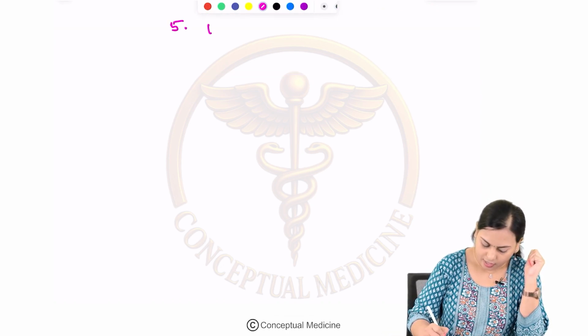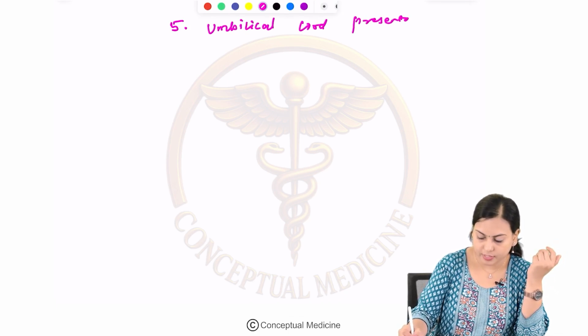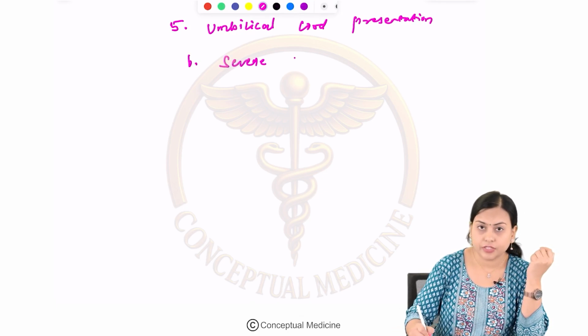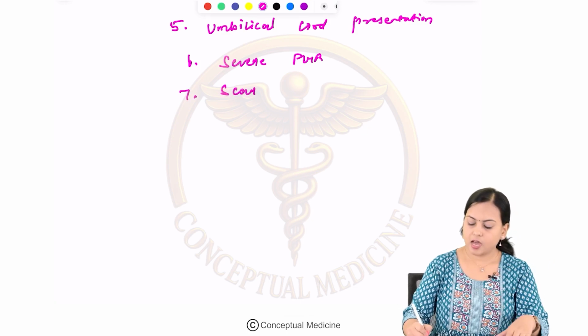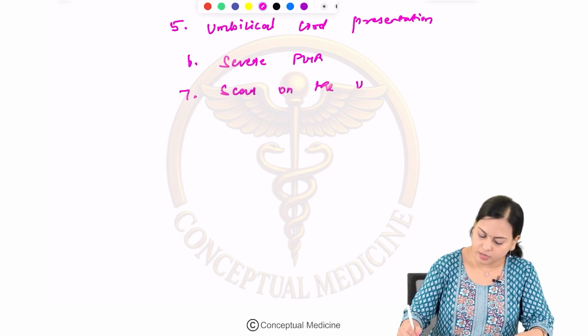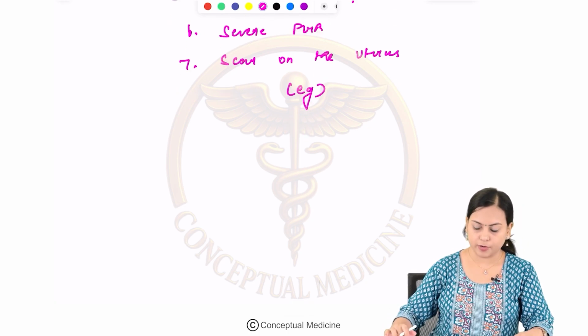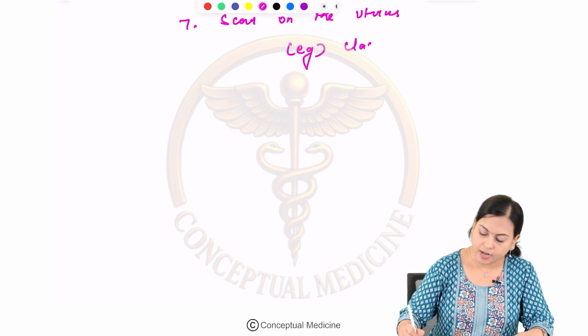Then other conditions: there can be umbilical cord presentation, or a severe fetal growth restriction in the baby, or a scar on the uterus. For example, definitely we are not going to induce if the patient has undergone a classical cesarean section before.